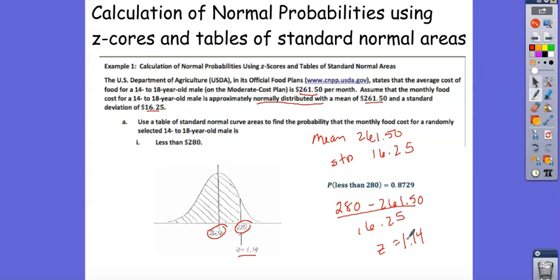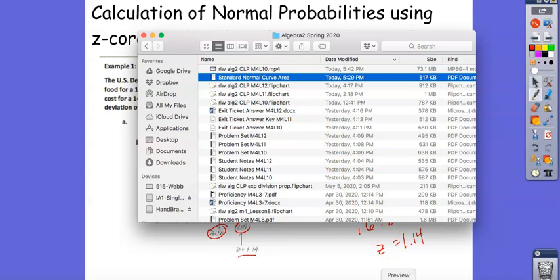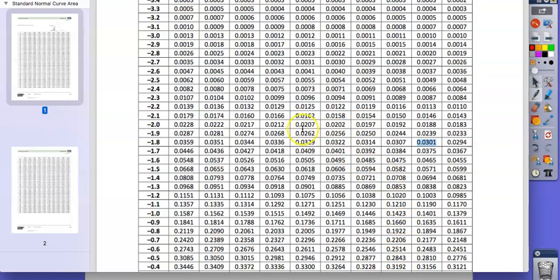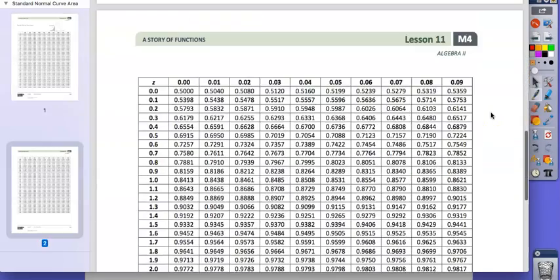Now let's see what happens when I go to that table. According to that table, I'm supposed to get 0.8729. I'm going to hop over to that table. There it is. Now mine is a 1.14, so I want the positive side. So let me scoot down here to the positive.